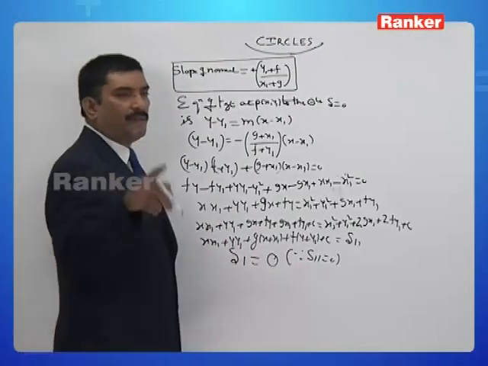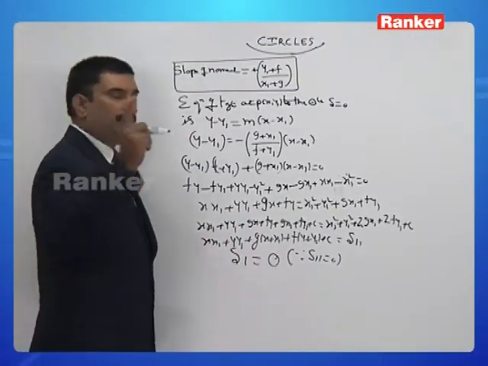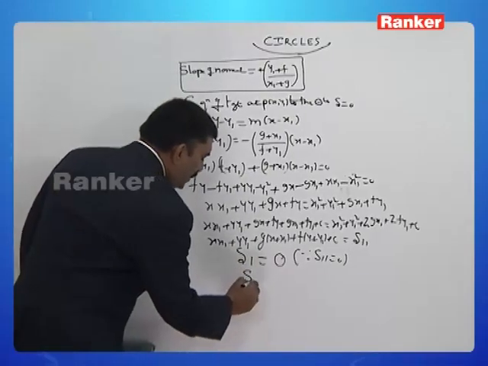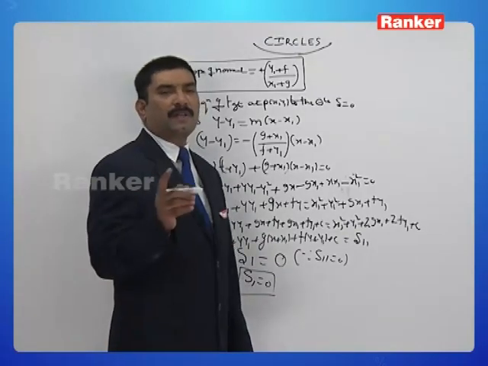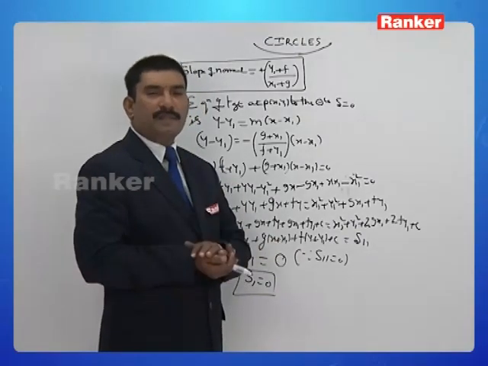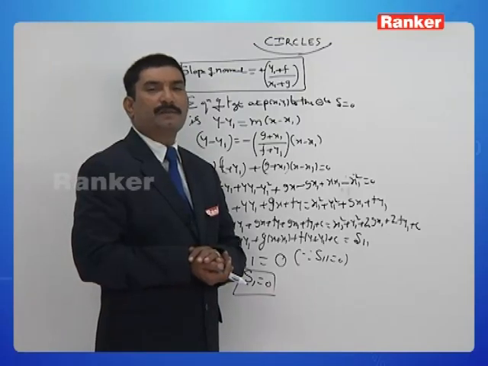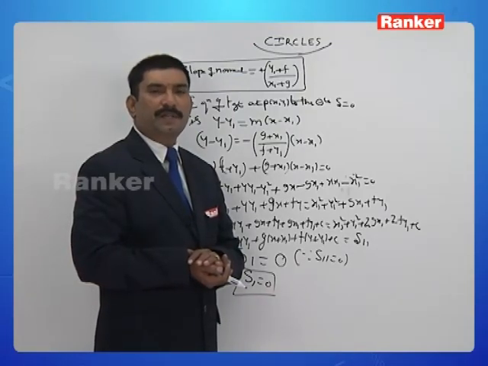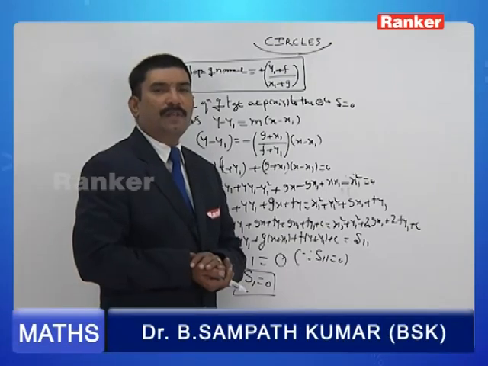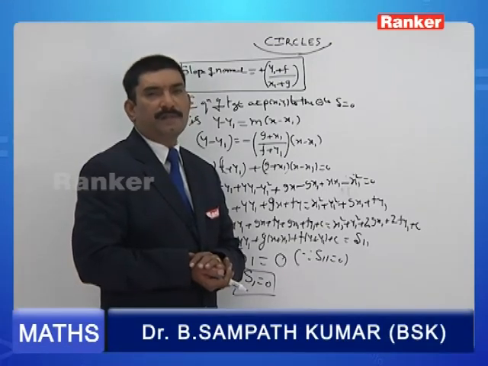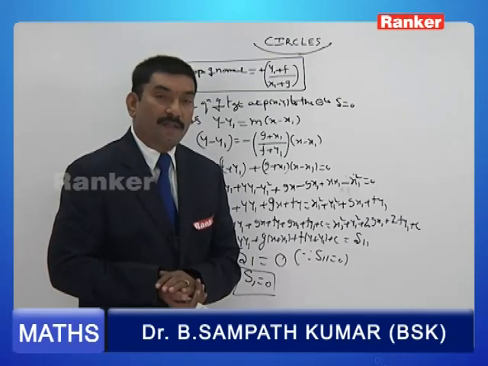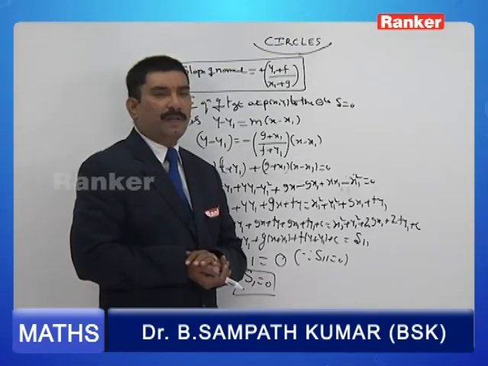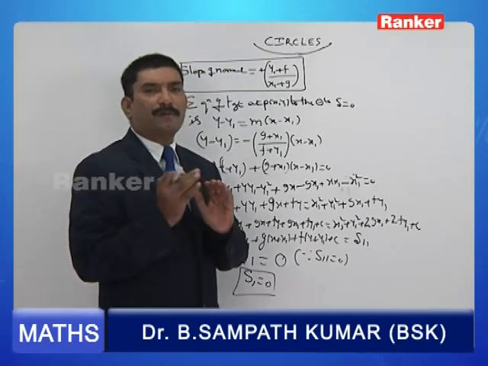Now, the equation of tangent at the point P of x1 comma y1 to the circle is s1 equal to 0, that is xx1 plus yy1 plus g into x plus x1 plus f into y plus y1 plus c equal to 0. This represents the equation of tangent to the circle at the point P of x1 comma y1.